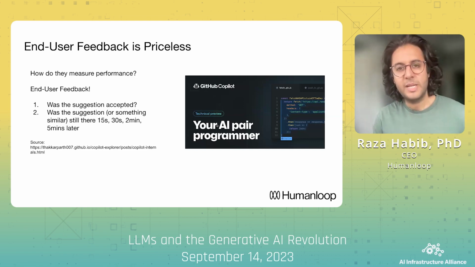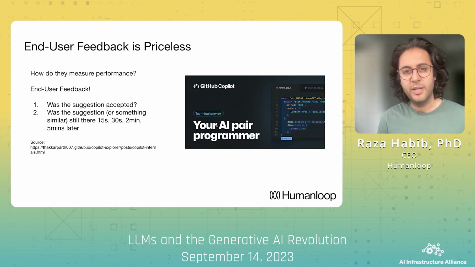They look at, when someone accepts a suggested piece of code, does that code stay in the code base? And does it stay there at 15 seconds, 30 seconds, 2 minutes, and 5 minutes later? They're not just looking specifically for the code the model generated. They actually look at the edit distance between what stays in at different points of time.